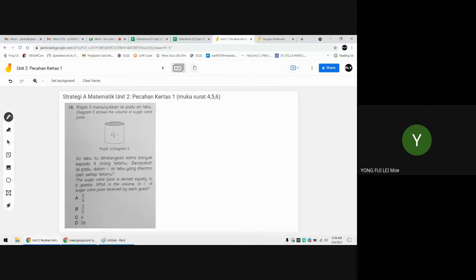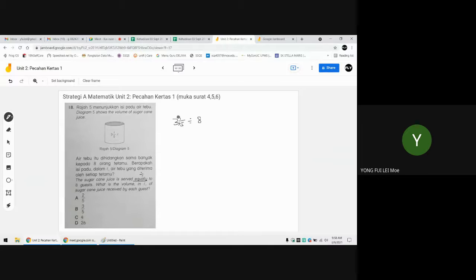Okay, we have 3 more minutes. Okay, the sugarcane juice is served equally to 8 guests. What is the volume in liter of sugarcane juice received by each guest? Okay, so this one, served equally means divide. Divide by 8. So 3 1/5 divided by 8.